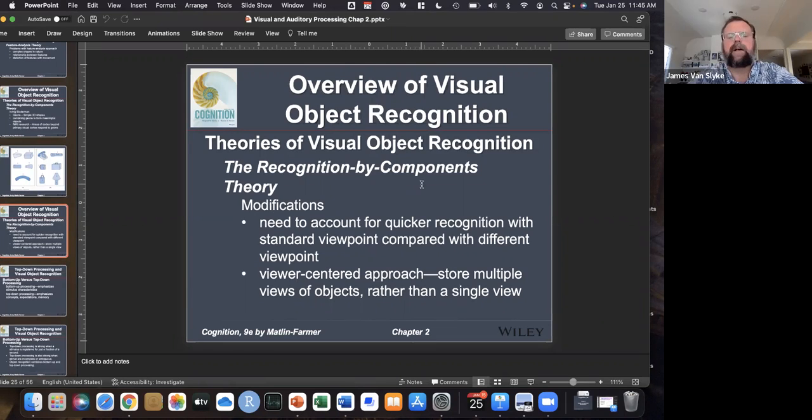Now, some of the modifications that need to go in when thinking about this particular kind of theory is we need to account for a quicker recognition when a standard viewpoint is compared with a different viewpoint. One of the difficulties that comes up is, when you're looking at an object, depending on its particular orientation, that will affect how easy it is to actually recognize it.